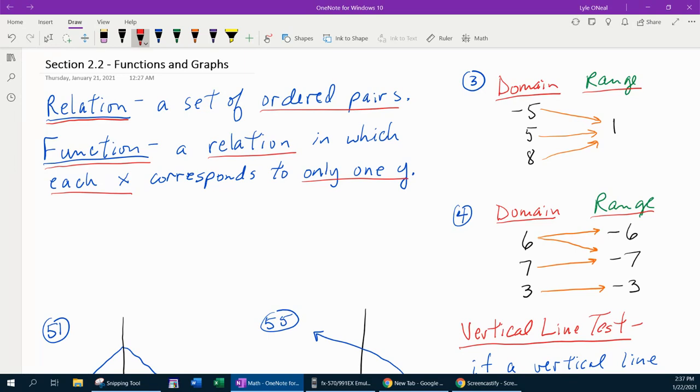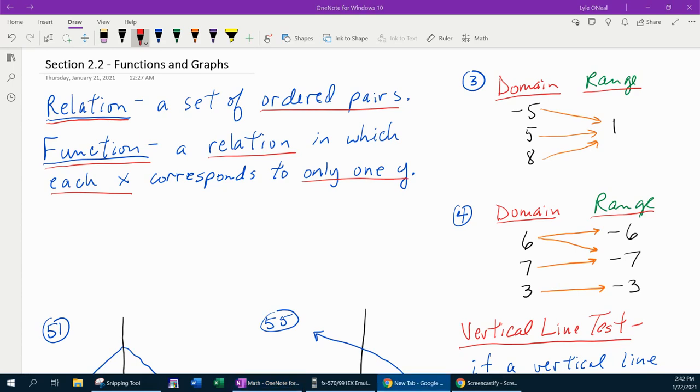Each x can have only one y if you want your relation to function. Now the y's can have as many x's as they want and that'll still function. But each x can have only one y for a relation to be a function. And now that we've got those definitions out of the way, we can look at a couple of examples.